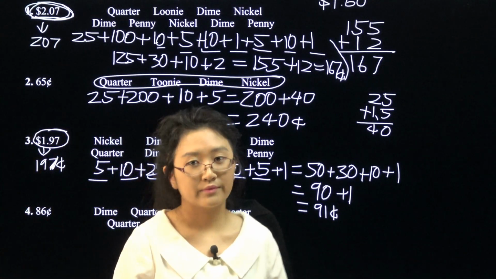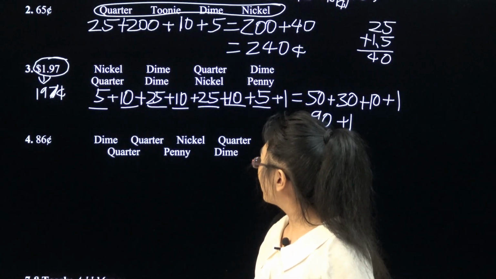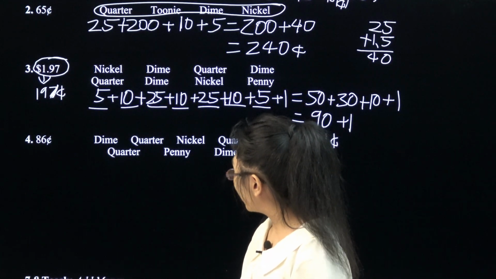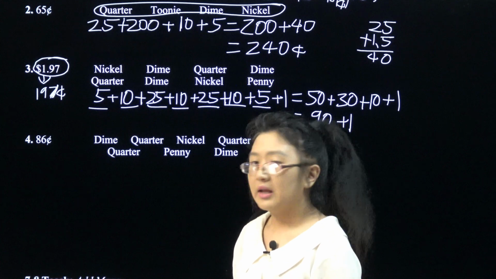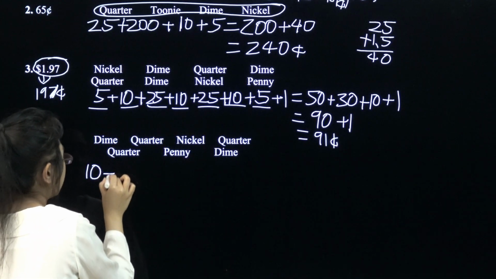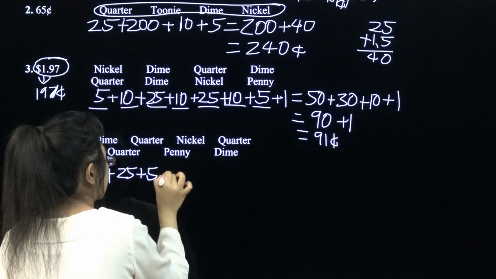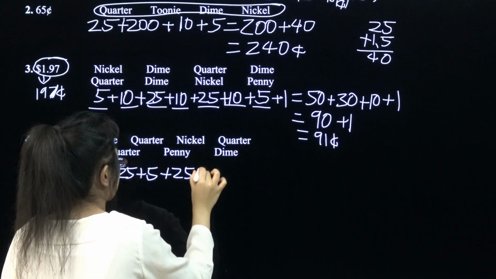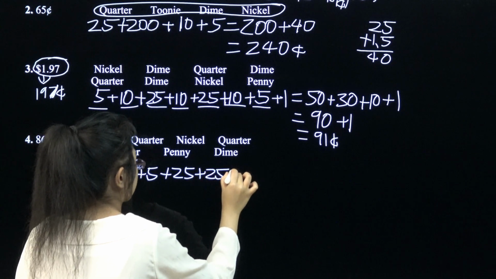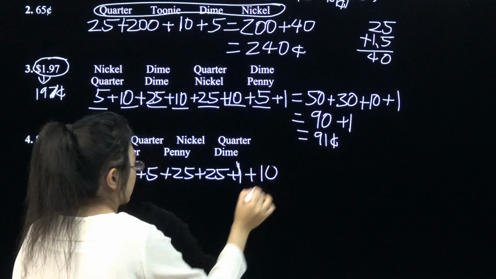Okay, moving on. 86 cents and dime, quarter, nickel, quarter, quarter, penny, dime. All right. 10 for dime, 25 quarter, 5 nickel, 25 quarter, 25 quarter, plus 1 for penny, plus 10.